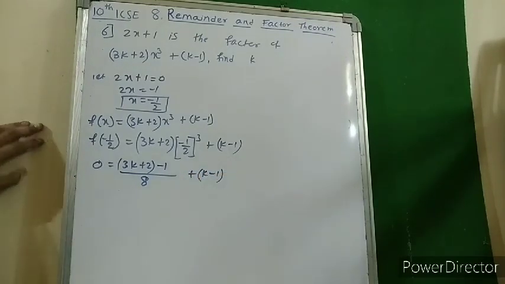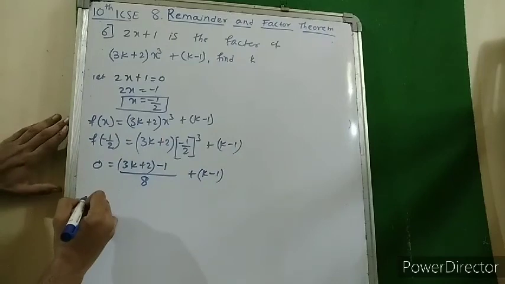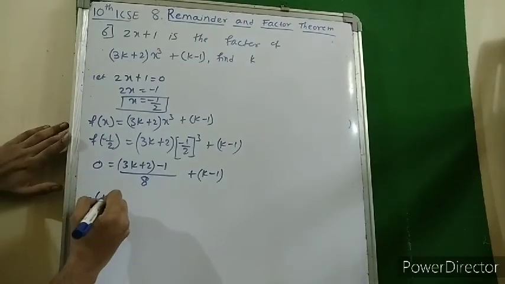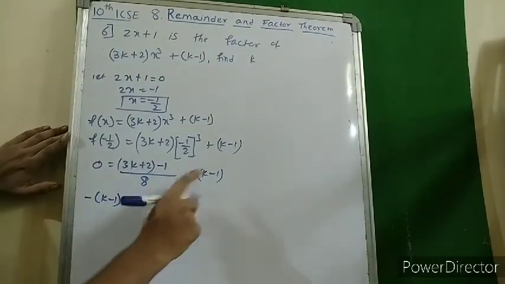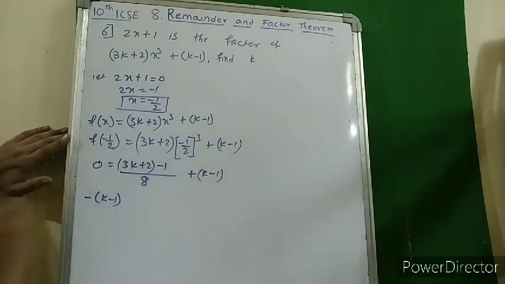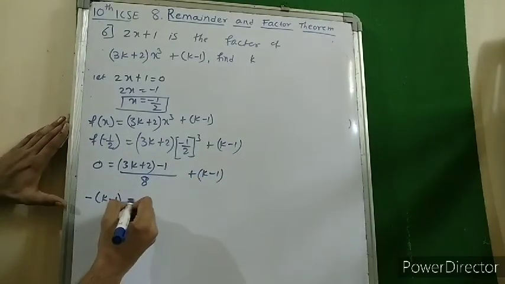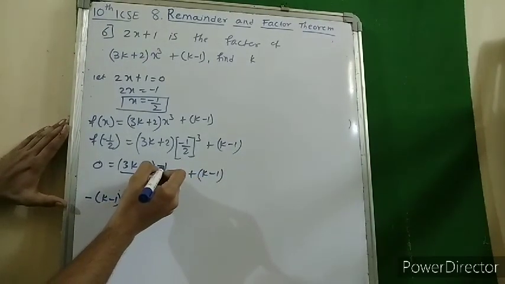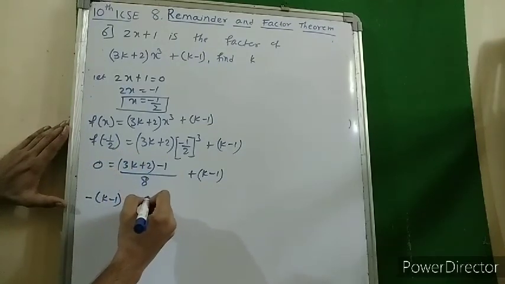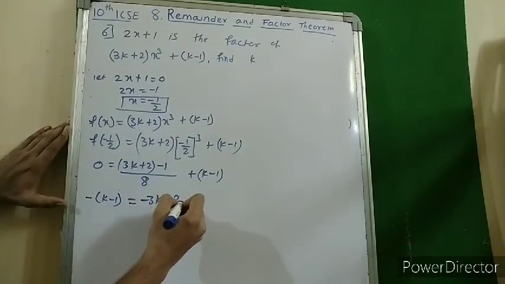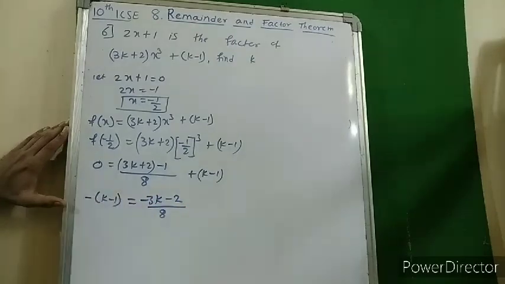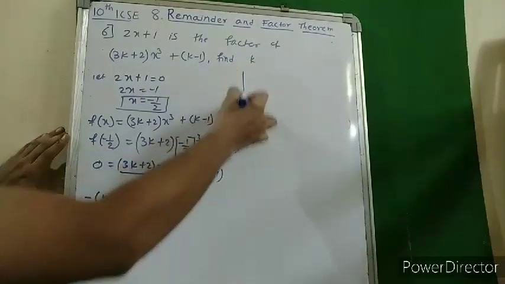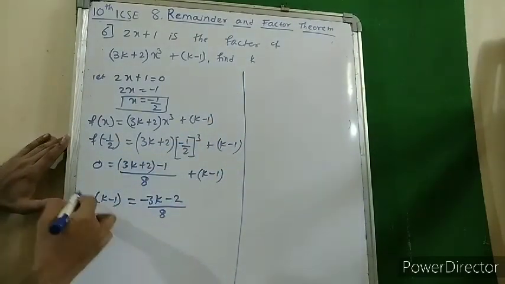So k minus 1 will go there and become minus bracket k minus 1, is equal to, when I open the bracket all the signs will change, so it is minus 3k minus 2 upon 8. So 8 will go there and multiply.